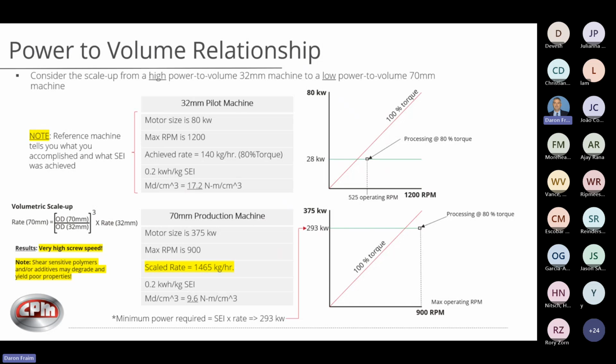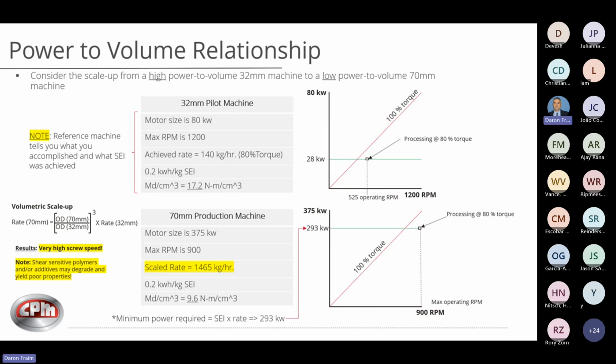But because it has a low torque rating, low power to volume ratio, it's going to have to utilize as much power on that machine that's available. So it forces you to operate at the maximum screw speed. And this is operating in both machines at 80% torque rating.